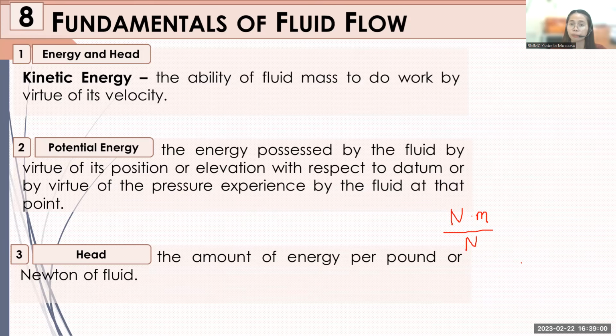Normally yung pounds natin that is weight. So, kung i-relation natin yan silang dalawa, as you can see, Newton here will be cancelled. Ibig sabihin, your energy equation will fall sa unit of meters. That is why for your velocity head, pressure head, and elevation head, the unit that we are going to use is in meters. Okay?